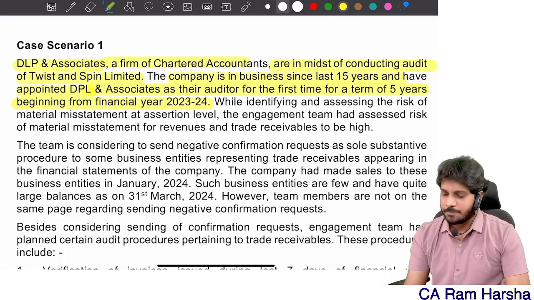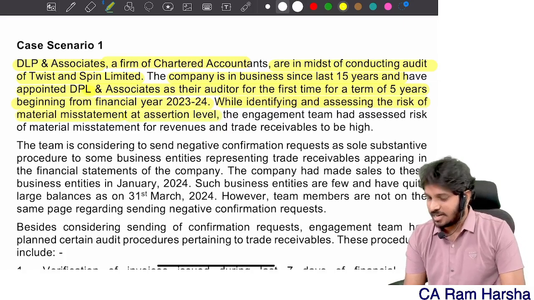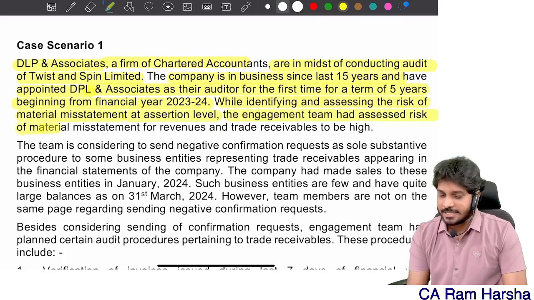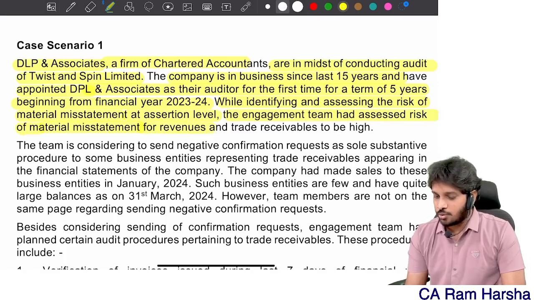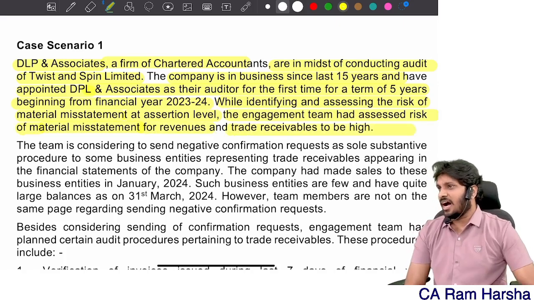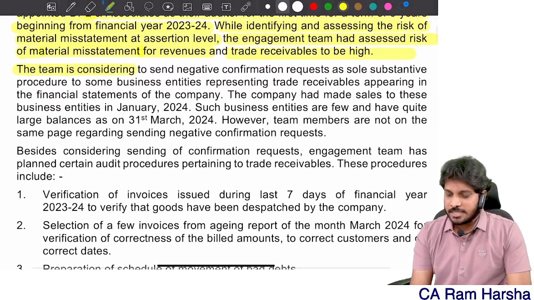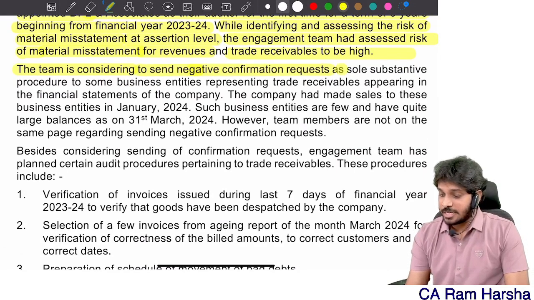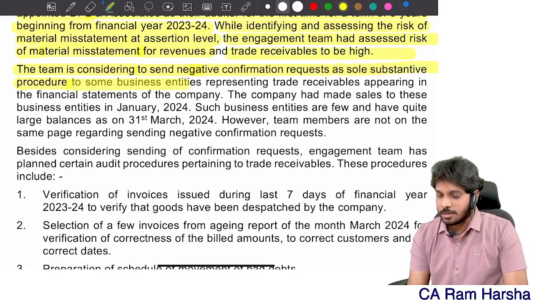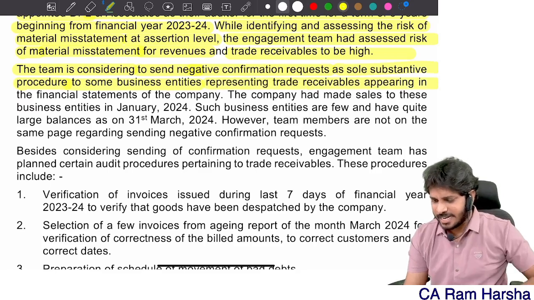Okay. Next. While identifying and assessing risk of MMS at assertion level, the engagement team had assessed risk of MMS for revenues and trade receivables to be high. The team is considering sending a negative confirmation request as a sole procedure to some business entities representing trade receivables.